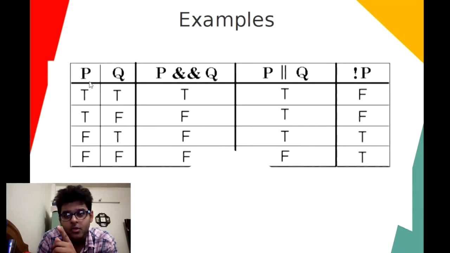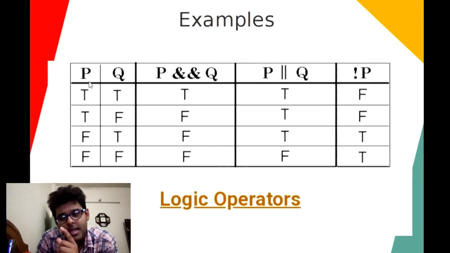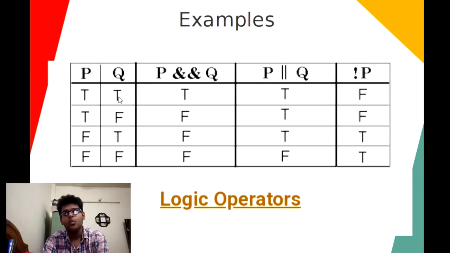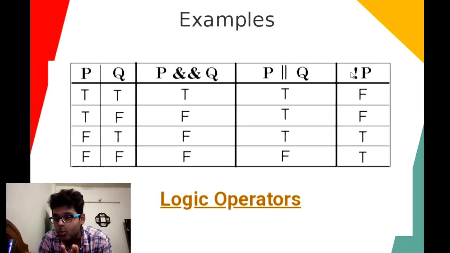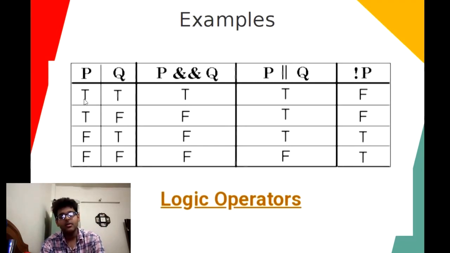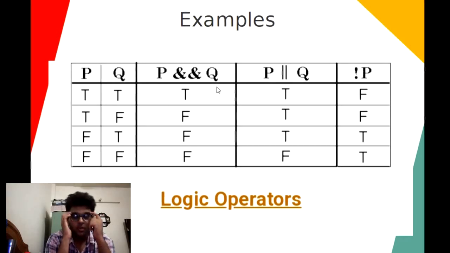In this truth table we have the conditions p and q. If p is true and q is true, then the AND of these is true, and the union is also true. The NOT operator is used for only one operand, so not of p, where p is true, is false.